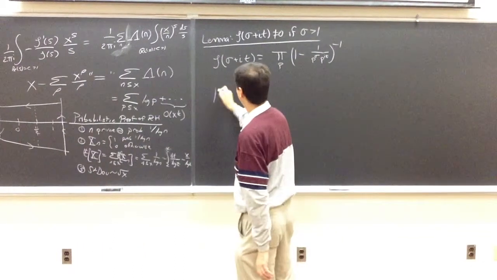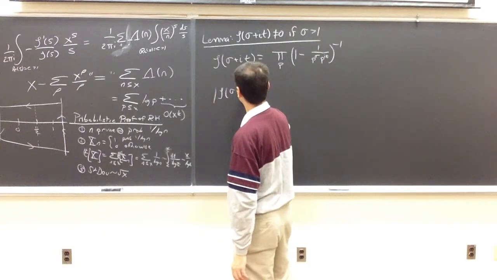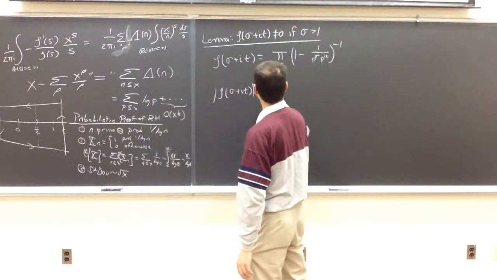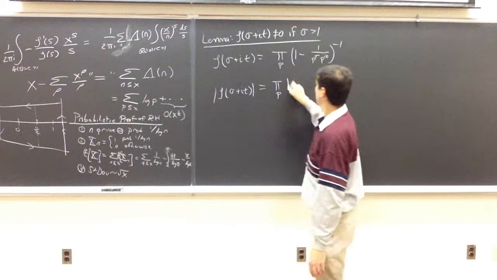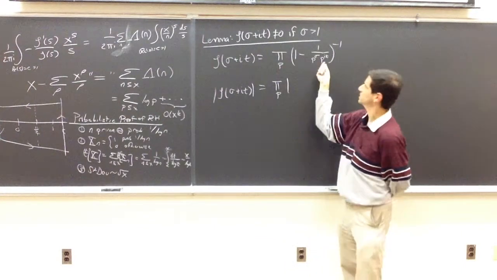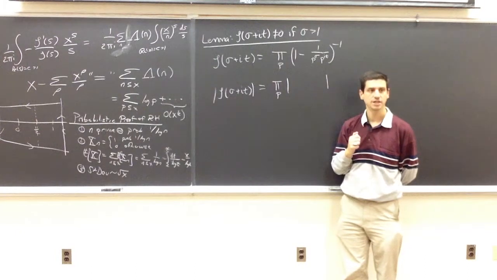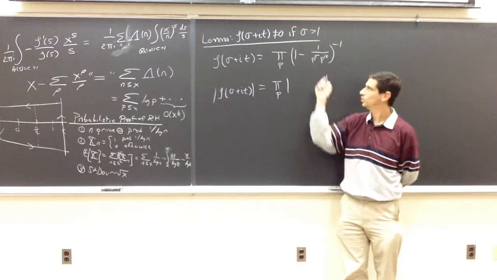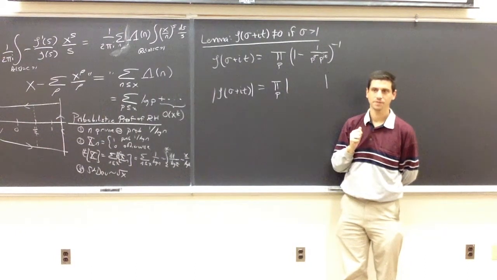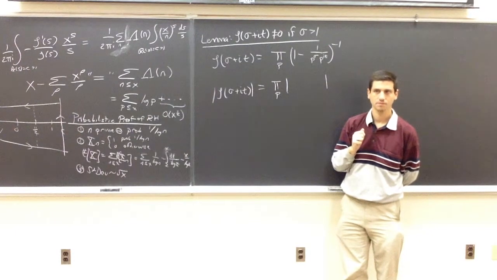So if I look at the absolute value, zeta of sigma plus it, this is the product over primes. And now the worst case for us is if for every choice of t, p to the it is, do you want it to be positive 1 or negative 1? Negative.